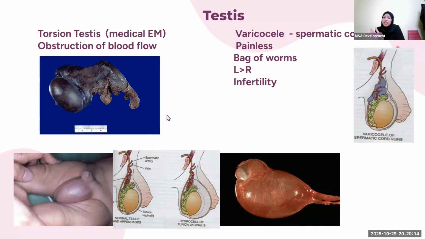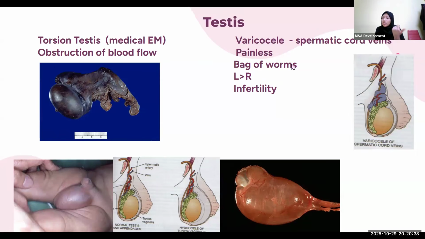Painless swelling examples can be this one right here, which is varicocele. Varicoceles are painless. They are due to dilation of veins, not the cord itself, but the spermatic cord veins that are dilating. That causes a swelling in the scrotum right here.